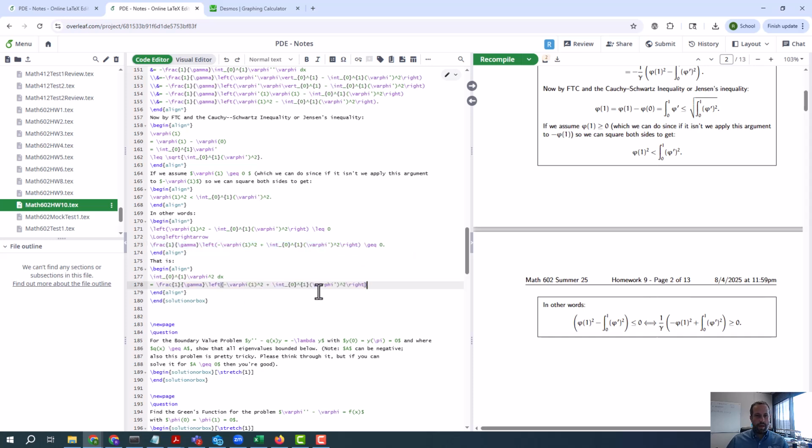Actually, I need to know this is greater than 0. So these are equal to each other.